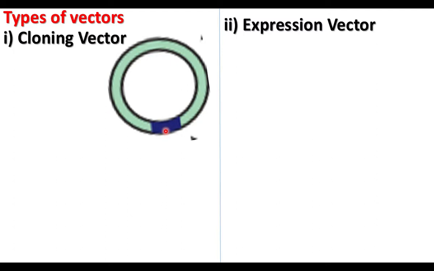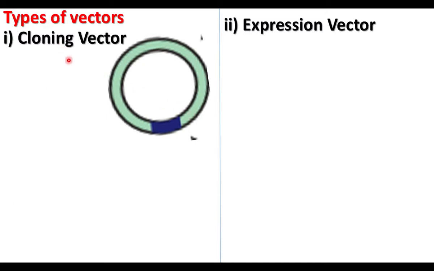When the host bacterial cell divides by binary fission, it forms 2, 4, 8, 16 cells, and the division goes on. When the bacterial cell multiplies, the rDNA also multiplies because it can replicate.